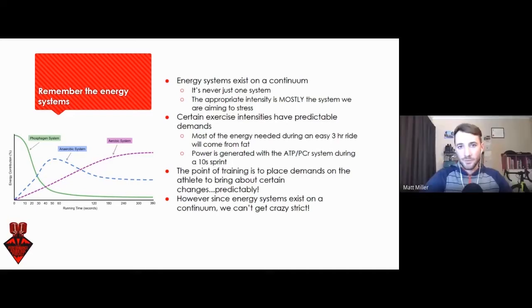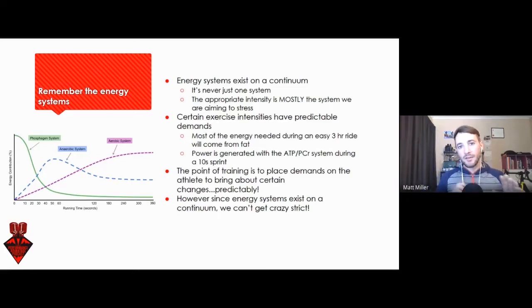Yeah, so it's pretty predictable for the people that invented zones, and for us as coaches and scientists, to understand that when we prescribe exercise within certain zones, what's happening in that intensity realm is that we're placing demands on the body from these certain energy systems. So we know that if we're going easy for 5 hours, we're probably stressing the aerobic system almost completely.